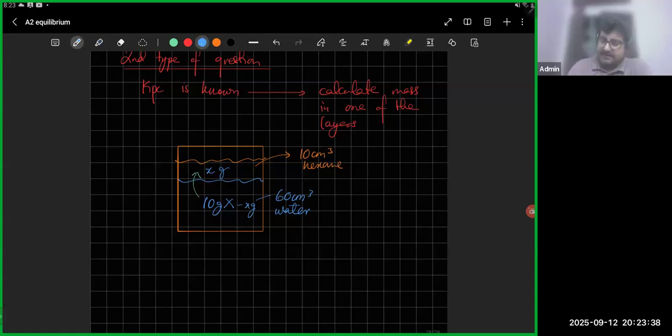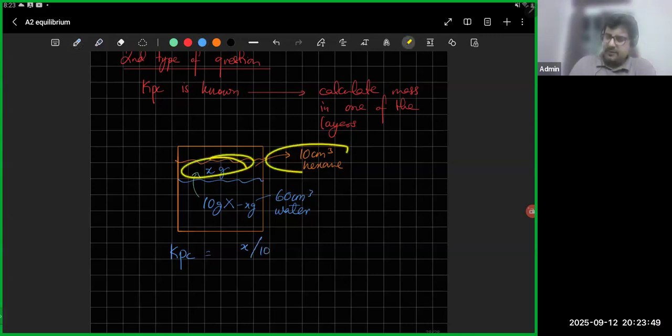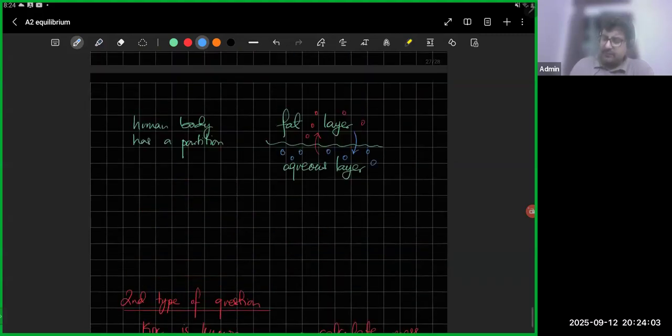Now I'm going to find x. So KPC is x over 10 cm cube. You get mass over volume, and mass over volume for the other one. So below, it's going to be 10 minus x grams divided by 60. KPC we already know, that was 0.417.